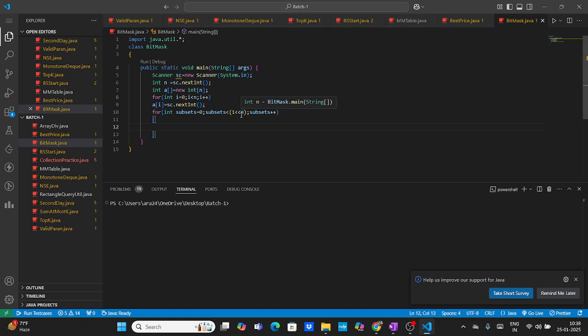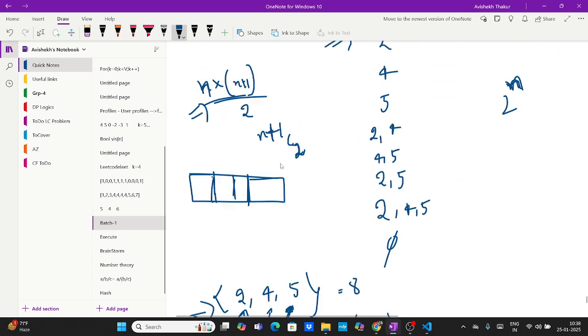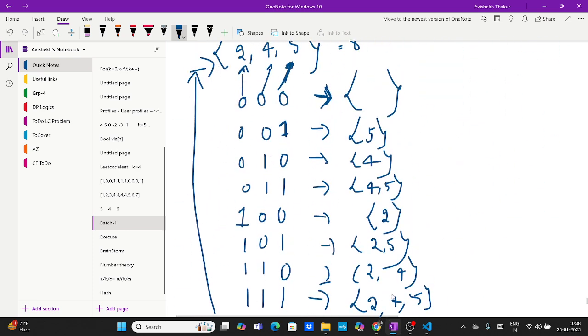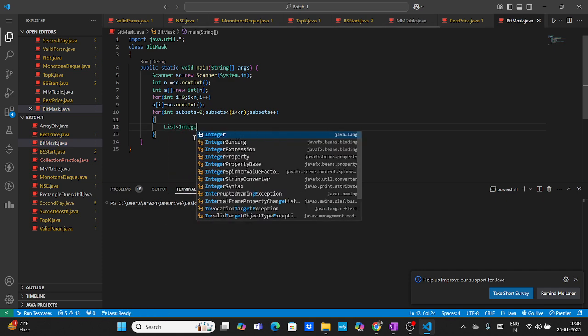So let's say we have n equals to 3. That means there will be 8, exactly. 8 we have represented just now as 0 to 7, right? So it is nothing but 0 to less than 8, which means 0 to 7 only. Got it?